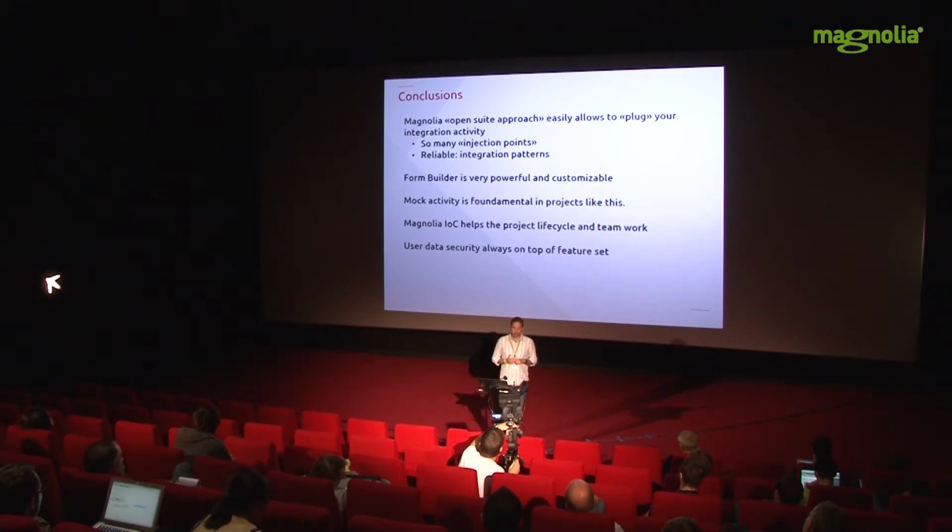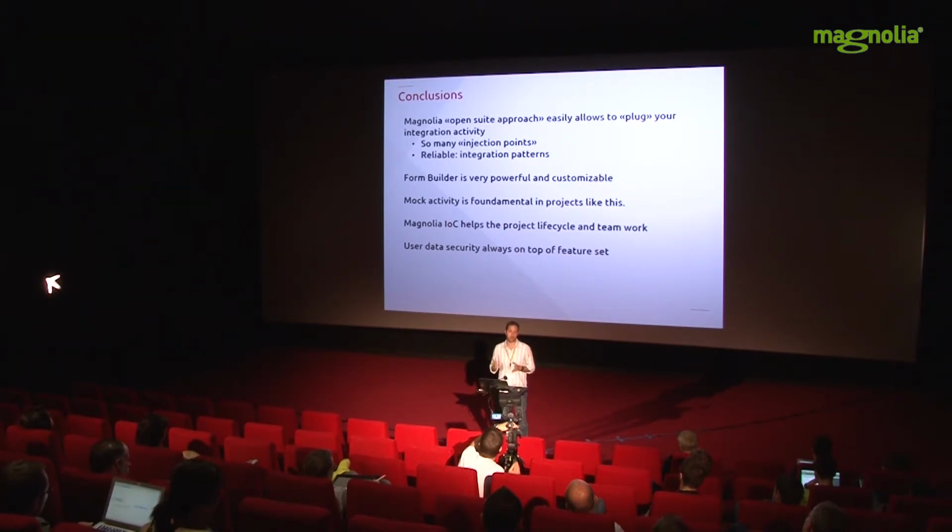In this kind of project, the mock activity saved our life. Decoupling the front-end developer from the back-end developer allows us to proceed in parallel to reduce the time to release of the project. And the Magnolia IOC will really help us to do that.